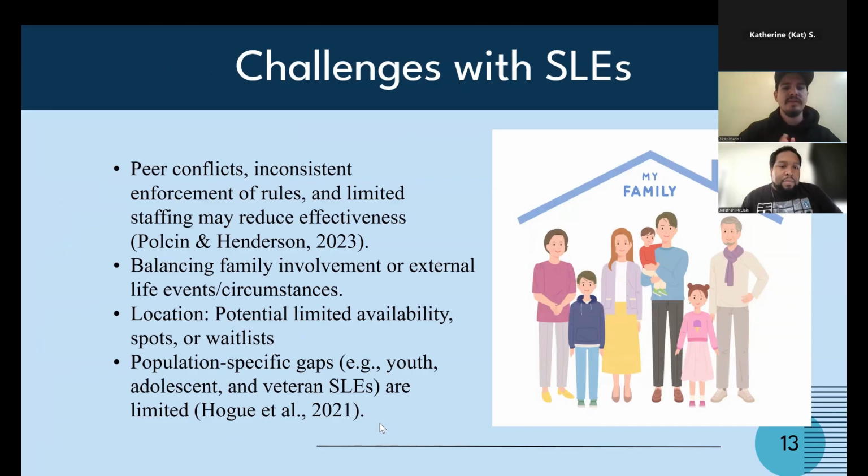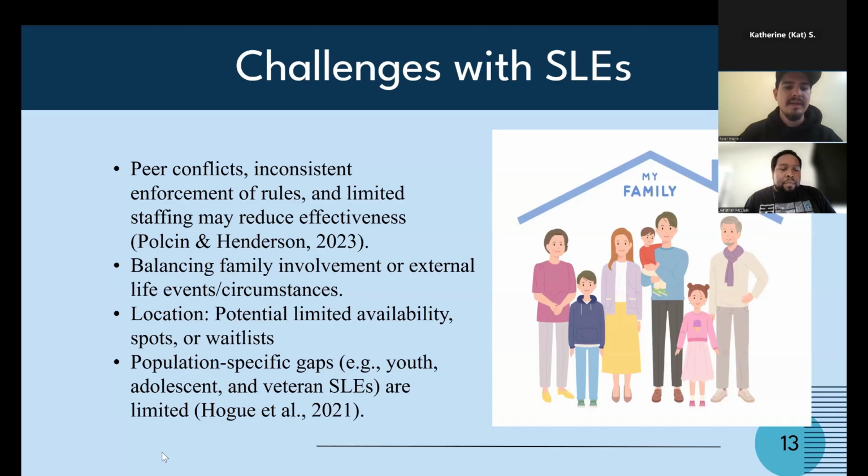So going on to this slide, the challenges with sober living environments: we have peer conflicts, inconsistent enforcement of rules within SLEs, and limited staffing may reduce effectiveness, according to Polson and Henderson article published in 2023. Balancing family involvement or external life events slash circumstances.